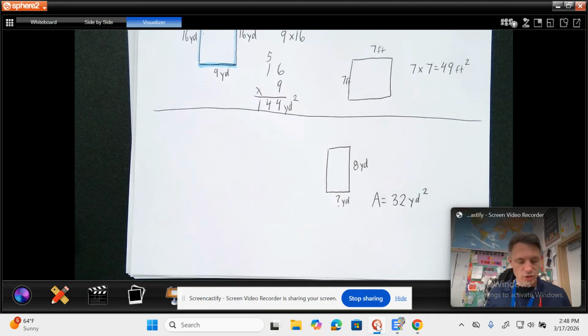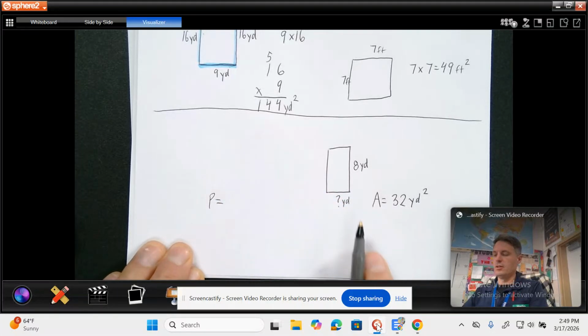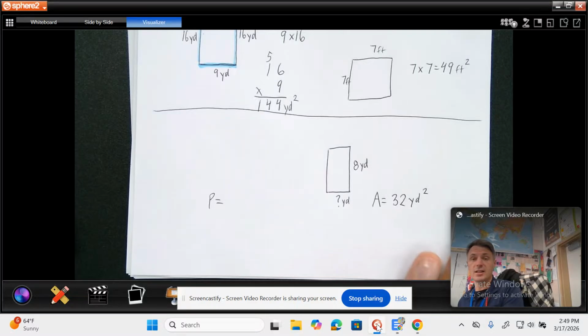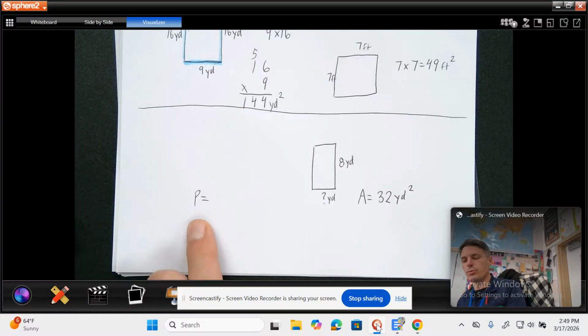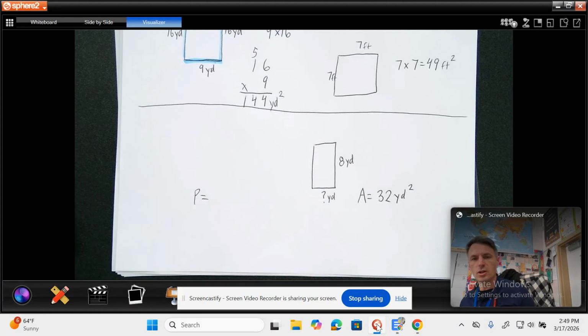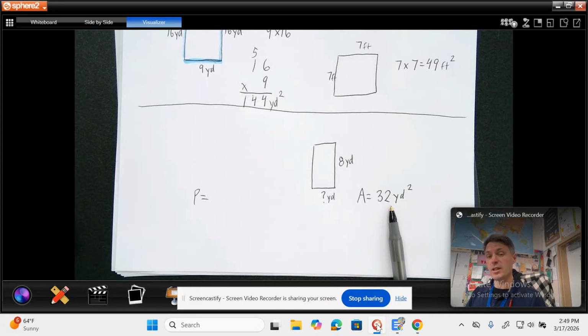And let's say the question is, what is the perimeter of this rectangle? There's a question exactly like this on today's quiz, so make sure you're paying close attention. Can we find the perimeter of this rectangle when it only gives us the length of one side and it gives us the area too? And the answer is yes, we can.